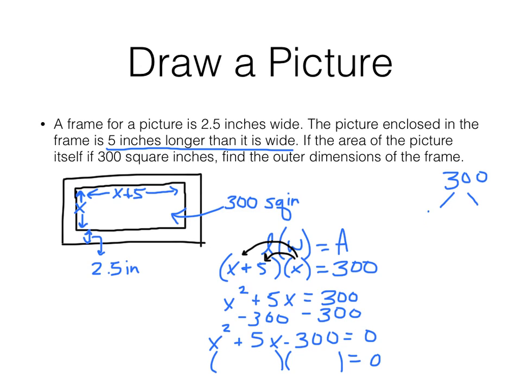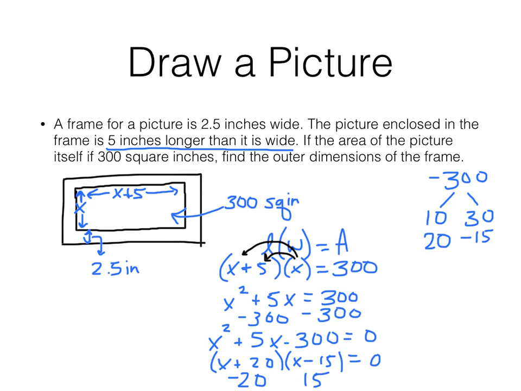So I'm going to start with positives. How about 10 and 30? No, that can't be it, because that would have a difference of 20. How about 20 and 15? Hot dog, that's it. Making the 15 the negative. So x plus 20, x minus 15, giving me zeros of negative 20 and positive 15.